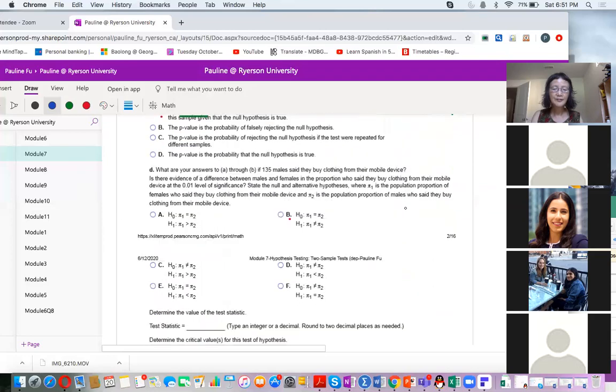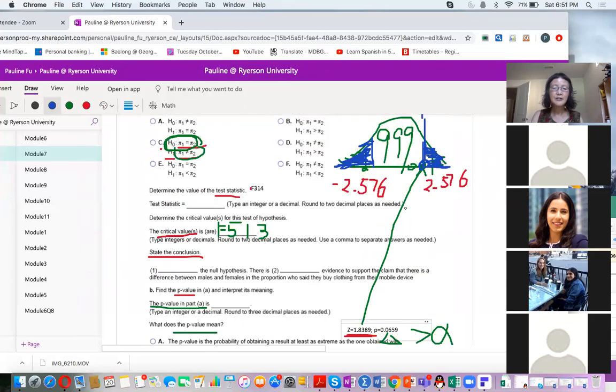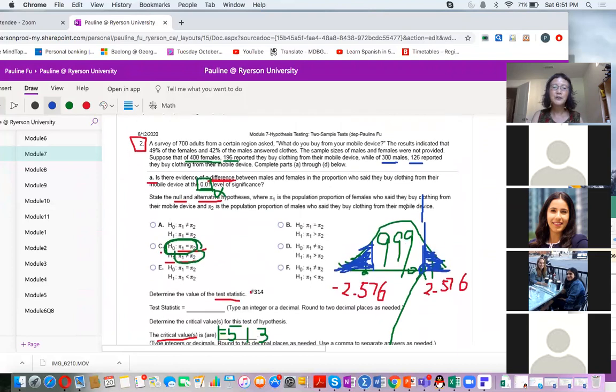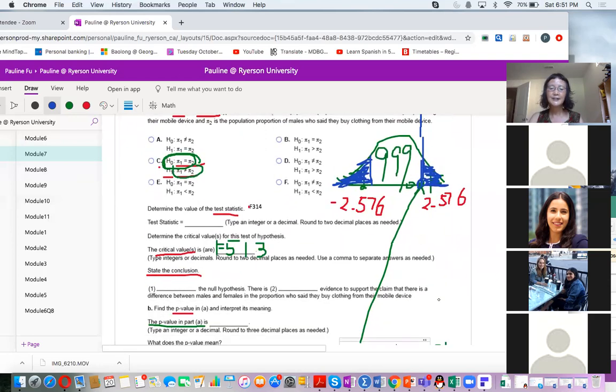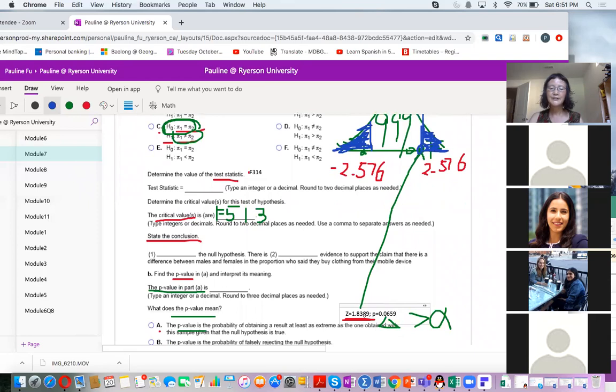So this is this question. And make sure you are very comfortable with this question. In this question, we go over two different methods. One method we call critical value method. You compare critical value with test statistic. In this example, critical value 2.576, test statistic 1.8389, test statistic smaller than critical value.